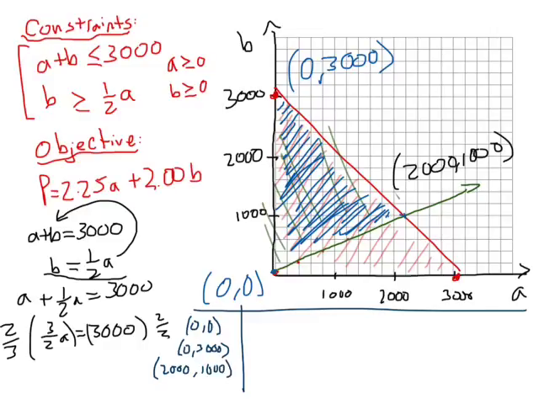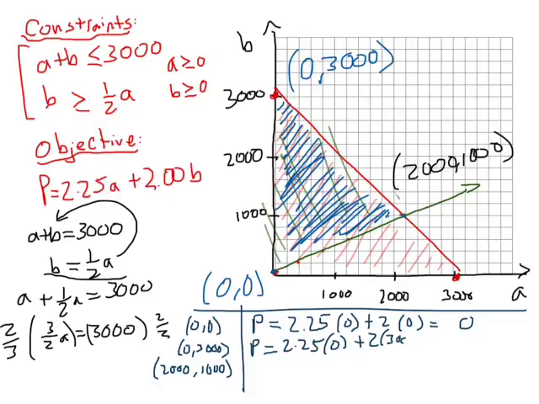All right, so we test that into our profit function. And so our profit, if we don't sell anything, that's not a good deal. So that's just going to give us 0. Equals $0. Now if we sell 3,000 of the B items, we have 2.25 times 0 plus 2 times 3,000, and that is going to be $6,000.